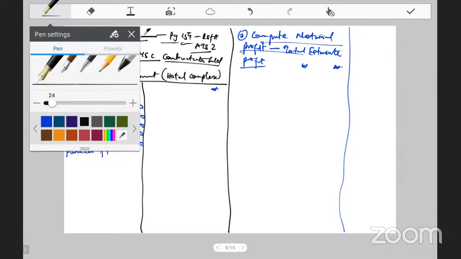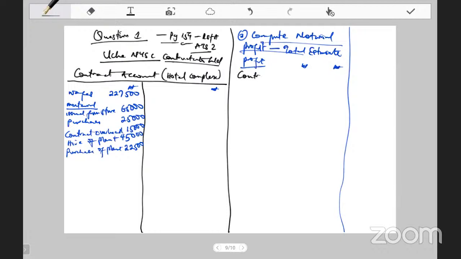Thing 1, I need the contract price. What is the contract price? Contract price is 600,000. Now, I need my cost to date. So if you look at it, what's the total cost that I've incurred?